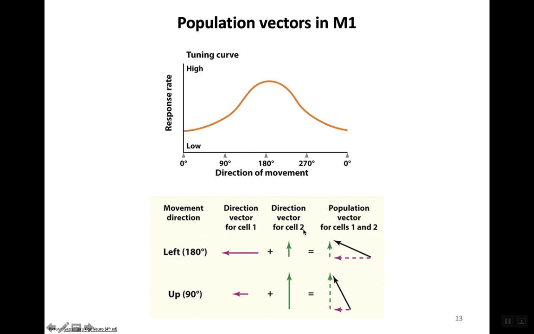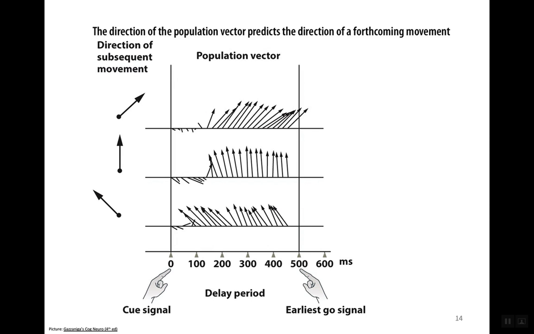In reality, movement is encoded by large populations of neurons in the motor cortex, many of which specify the precise direction of movement, but some of which are also responsible for movements in neighboring directions. So for instance, whenever we're trying to move the hand to the right and away, then we have a large population of neurons that respond to that specific direction.